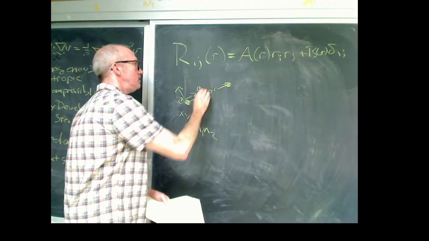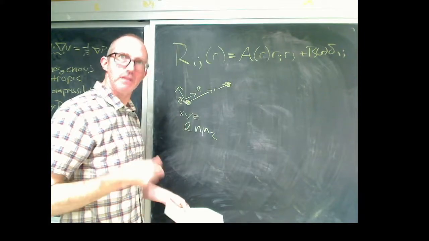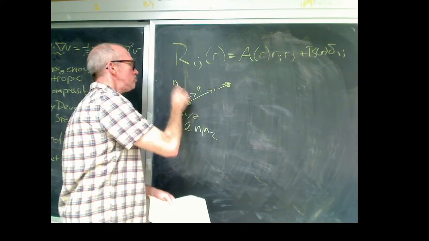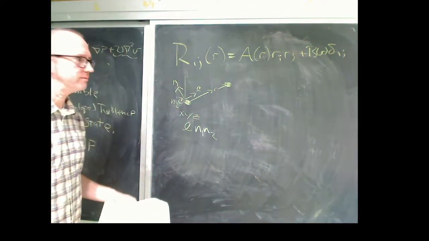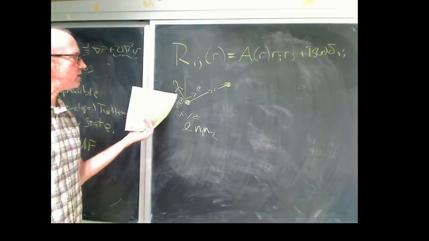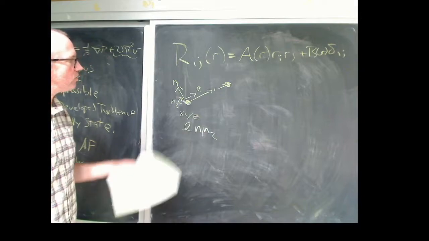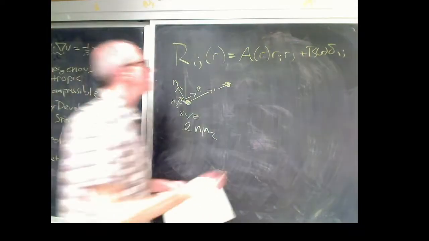L is along the longitudinal direction, along the separation. N1 is one perpendicular, and N2 is the other perpendicular. You've got some freedom with how to choose those. They rotate, but it doesn't matter. So we'll only deal with one of those at a time.